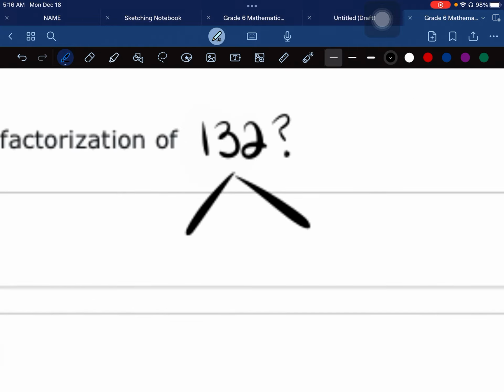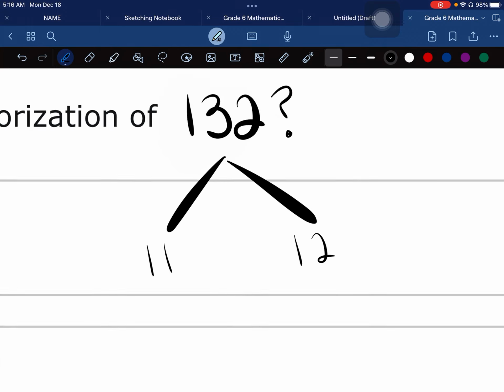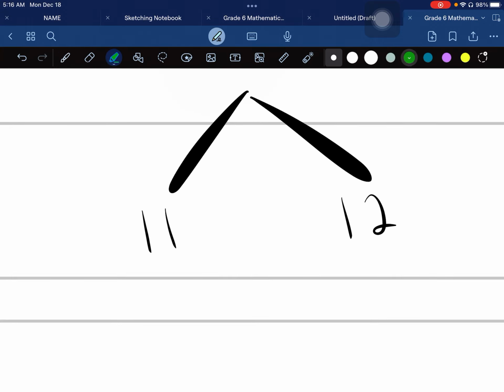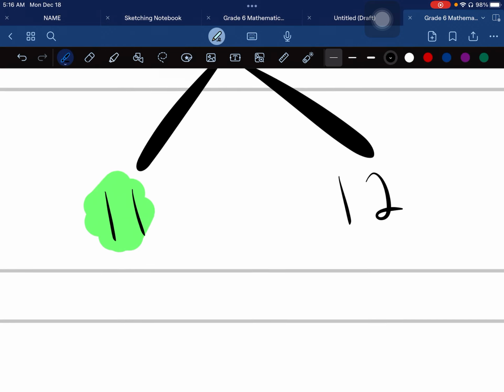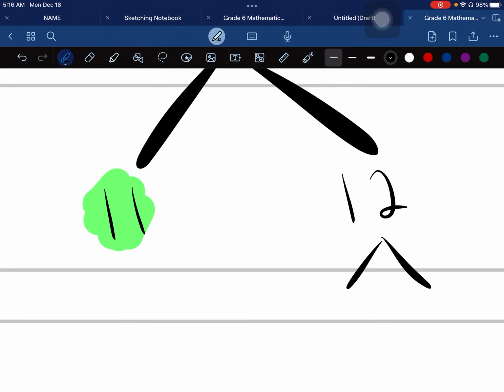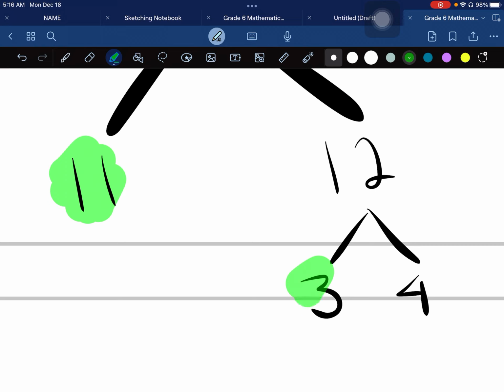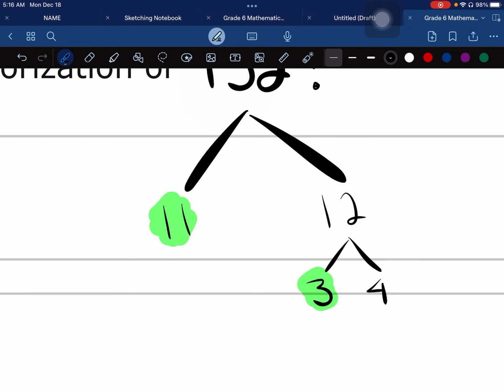Now we have what number times what number gives us 132. So that's going to be 11 times 12. Are any of these prime, chicos? Yes, el 11. And 12 is going to be, let's say, 3 times 4. Are any of these prime? Yes, the 3. What about 4?